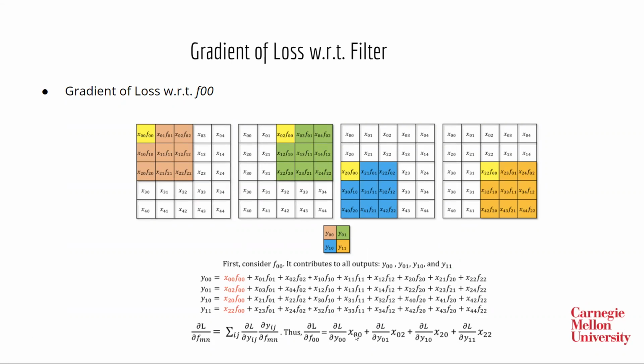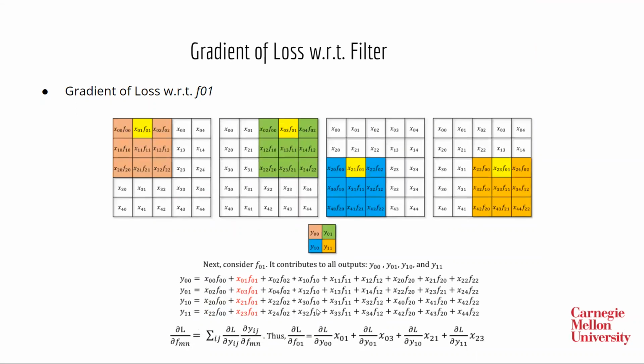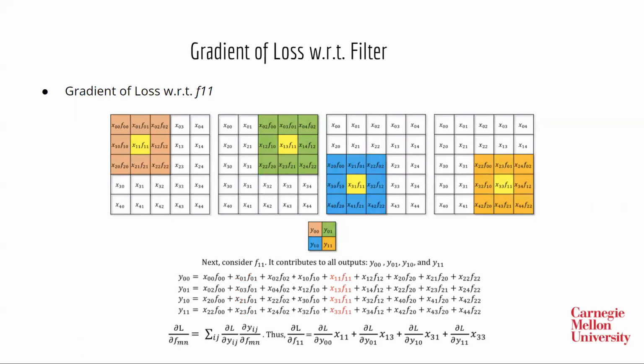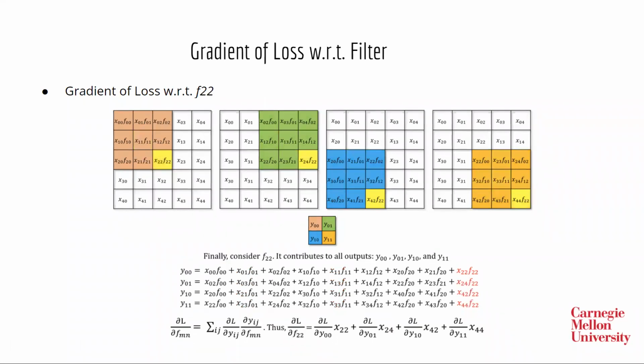So there are going to be 4 terms in your gradient equation. So the gradient of loss with respect to F00 will have all 4 terms. Similarly, if you want to find the gradient of loss with respect to F01, again, F01 contributes to all 4 outputs, and that's why you have 4 terms here as well. These are some of the examples.